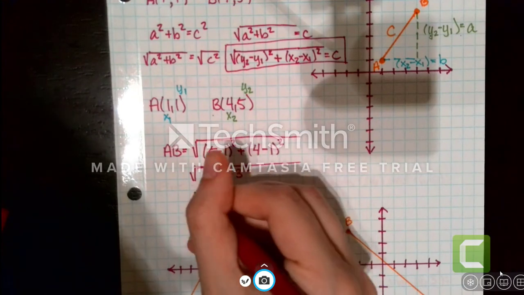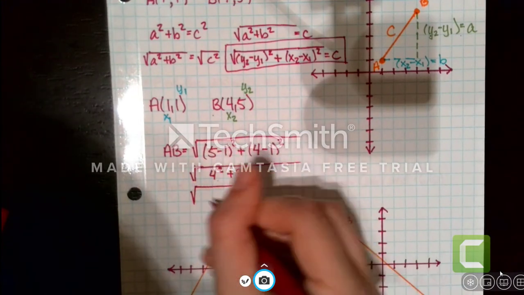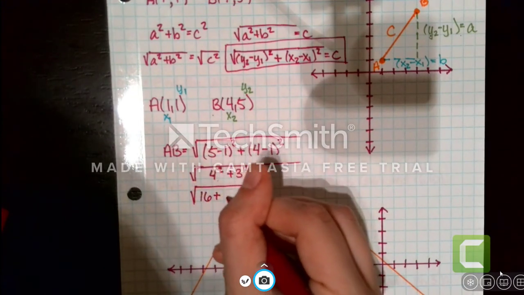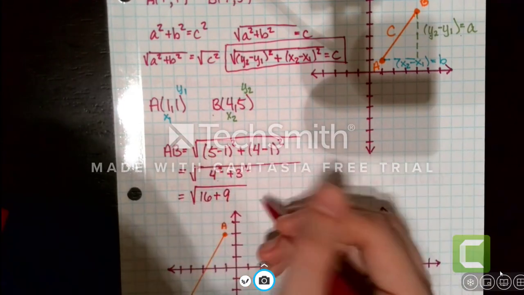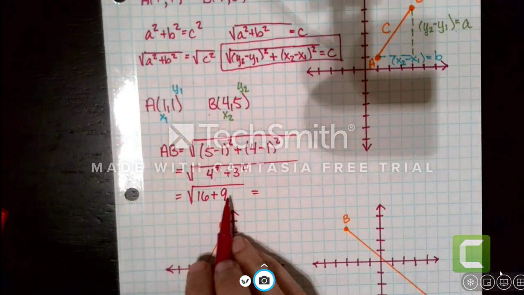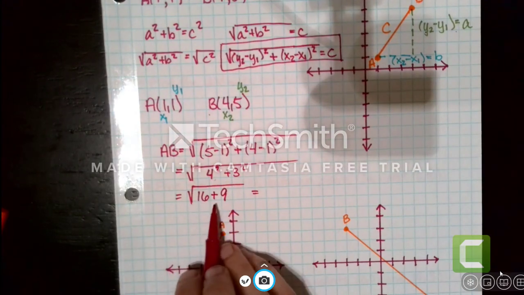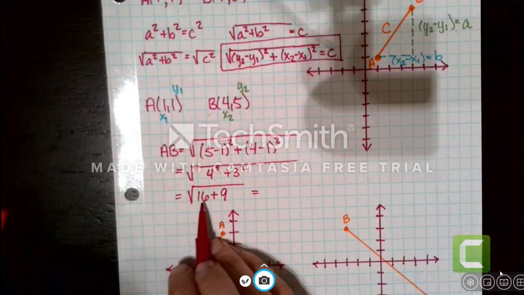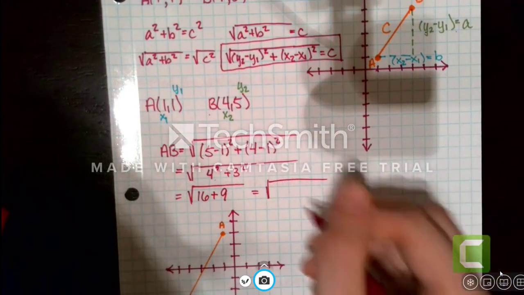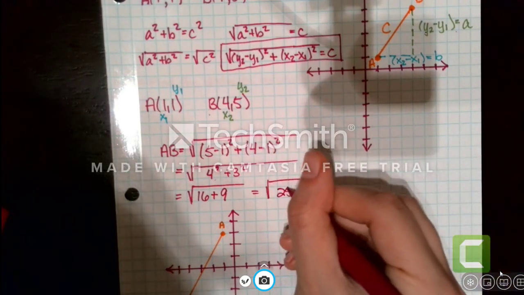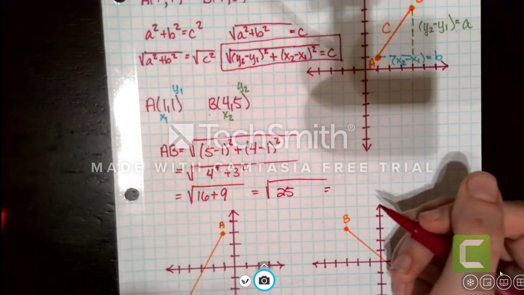Rewrite it again below as 16 plus 9. Before we can square root, we have to add these two values together. So 16 plus 9 gets you 25. You have the square root of 25 right here.